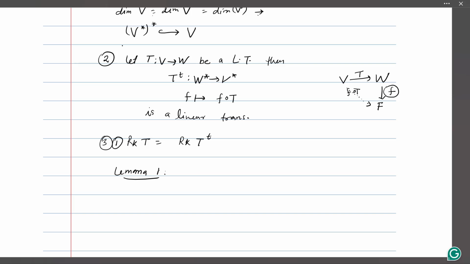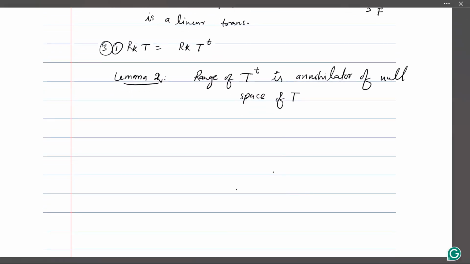The ranks of these two things were equal, and at the same time, it was shown that the range of T transpose is exactly the null space of the annihilator of the null space of T. Okay. And then matrix.